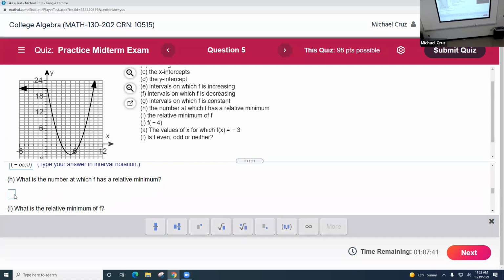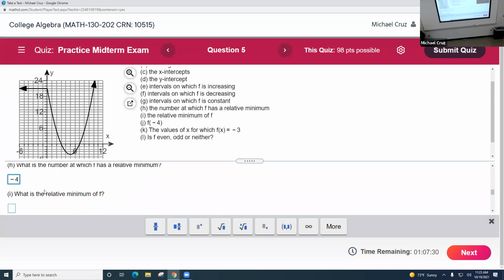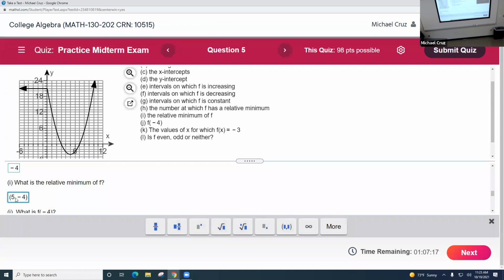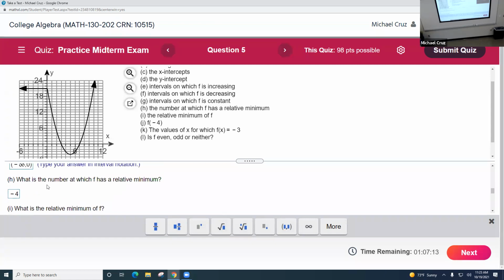In other words, if we were to take x equal to 5 and put 5 into this function, the functional value would be -4. So I don't know why they have to ask two different things about it. It's a bit confusing.